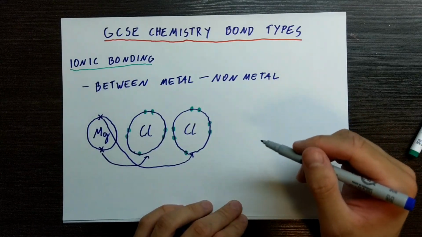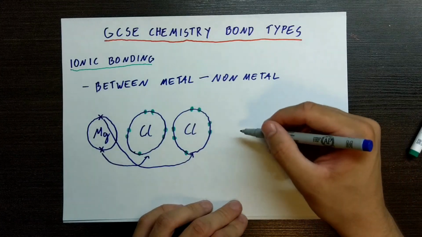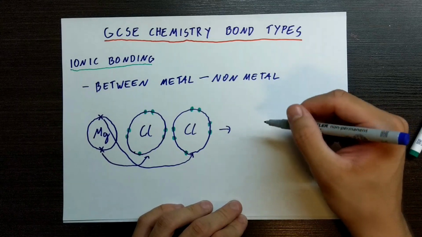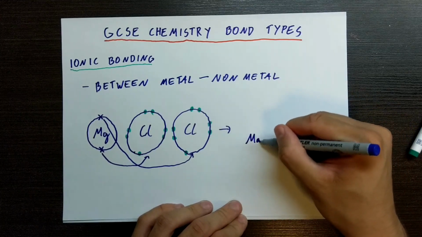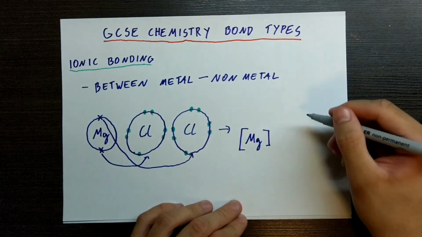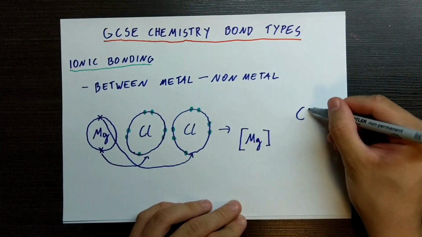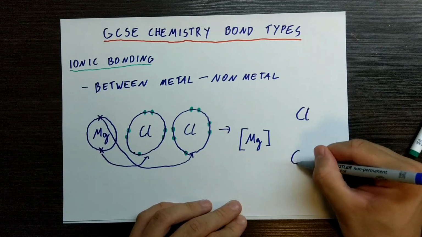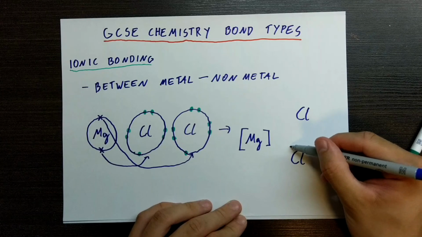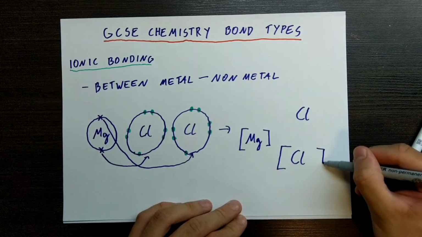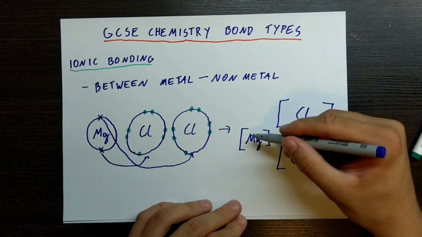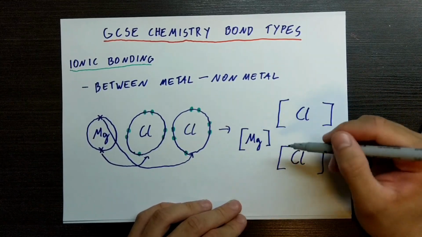So how do you draw it out properly? To draw it out properly, we start with this, which becomes this. We have magnesium. I will explain this bit here in a second. And we have 2 chlorine atoms like this. Magnesium has an empty outer shell, so we leave it like this.